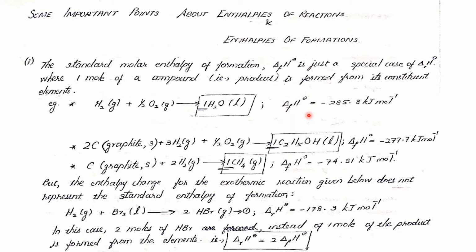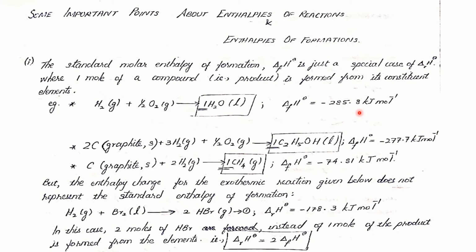The standard enthalpy of formation of 1 mole of water from its constituent elements in their reference states is minus 285.85 kilojoules. It tells us that formation of 1 mole of water from its constituent elements in their reference states involves the release of 285.8 kilojoules of heat energy.